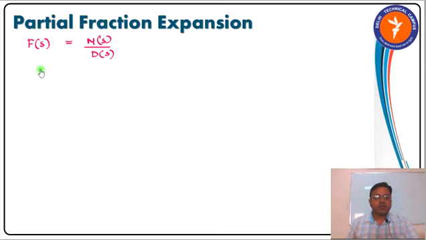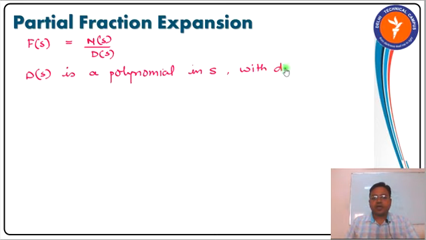If D(s) is a polynomial in s with degree n, then the direct inverse transformation cannot be taken here. In order to take the inverse Laplace transform of this, we need to write this in the lower order terms.